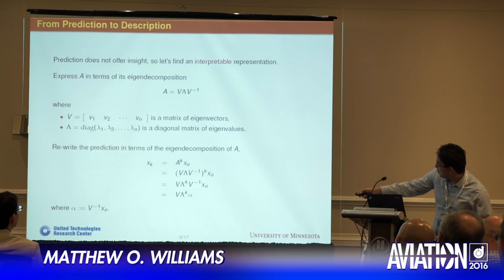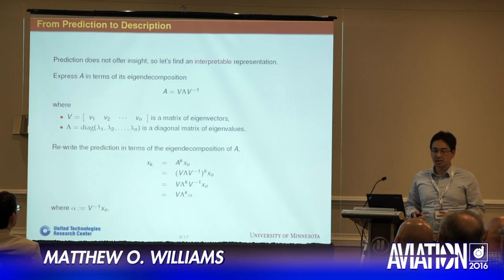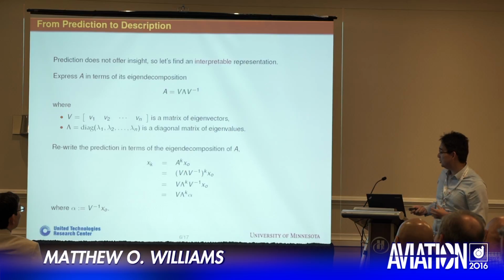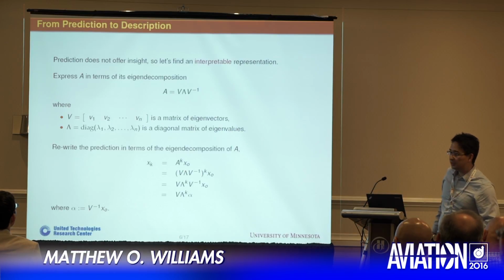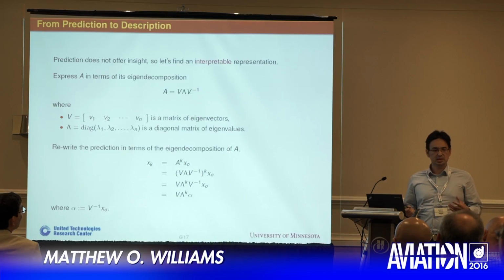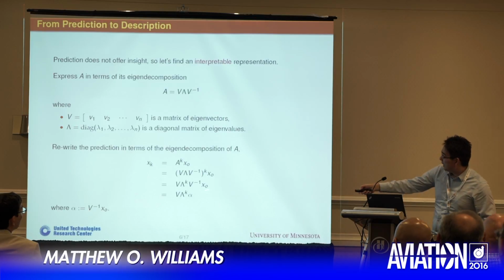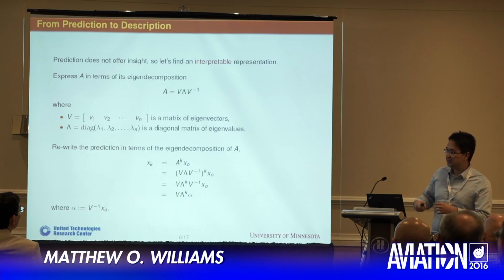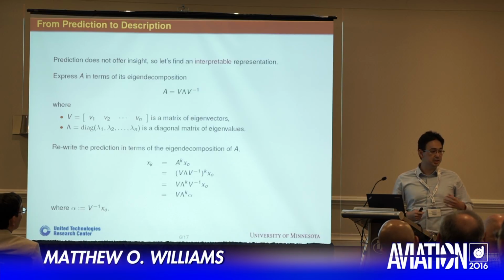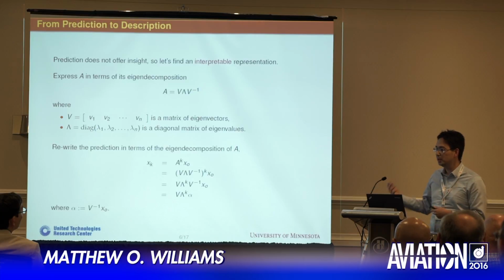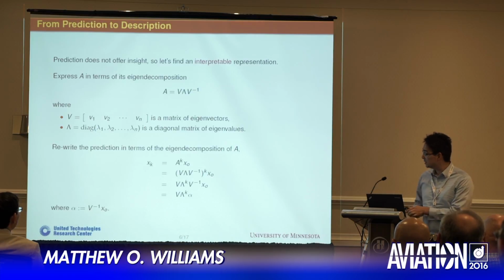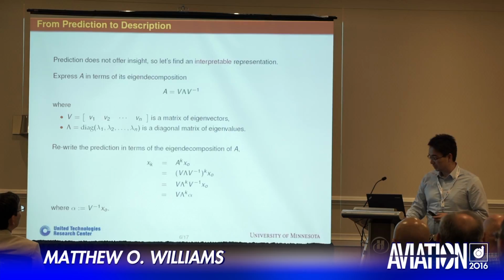And these three terms here are telling us how much each eigenvector contributes. So this alpha term, which we're defining as V inverse x naught, is basically how much it contributes at time 0. And lambda to the k is telling us how that contribution changes in time. Which modes become less important, which modes become more important, and which modes basically just oscillate, right? And this is pretty much linear algebra.